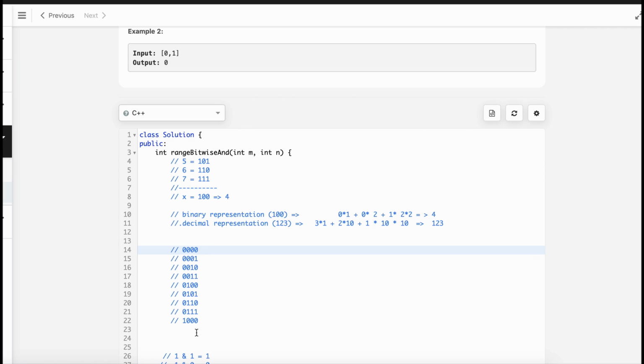In this way the pattern goes on. And in third position we see that there are four zeros in the beginning, four ones, and again four zeros, again four ones. In this way the pattern goes on.